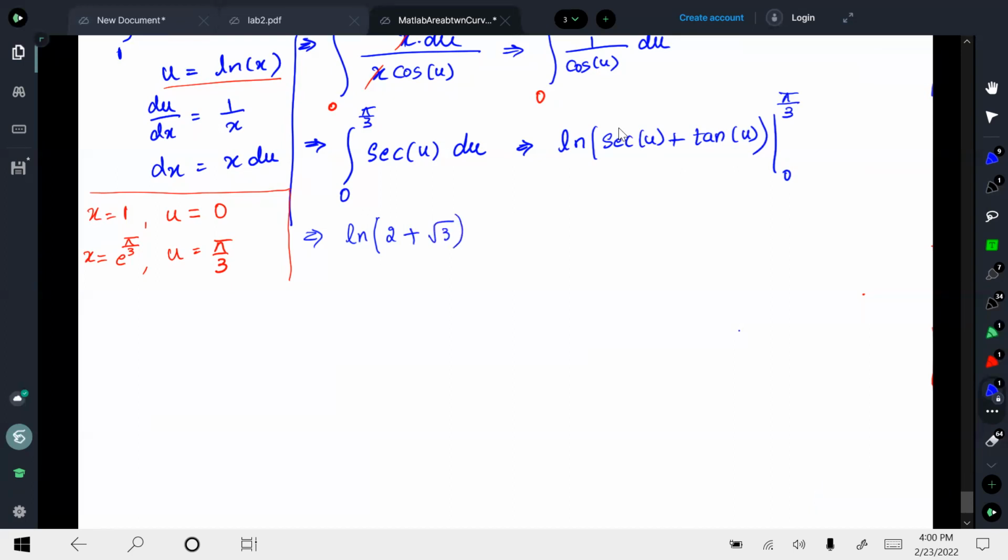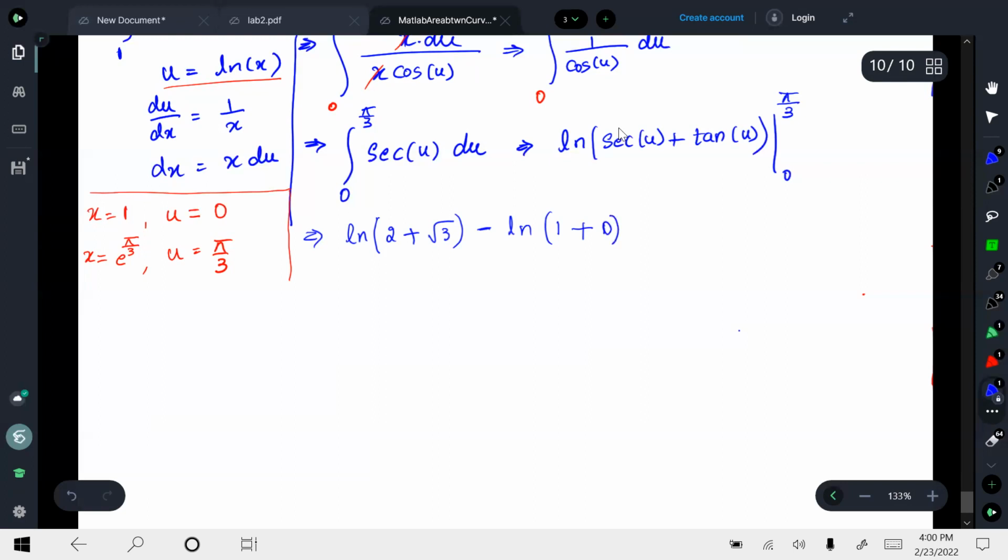That is the upper limit, minus ln of secant of 0 plus tan of 0. Secant of 0 is 1, and tan of 0 is 0.